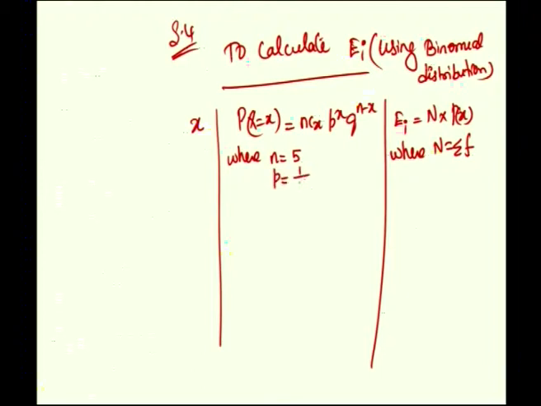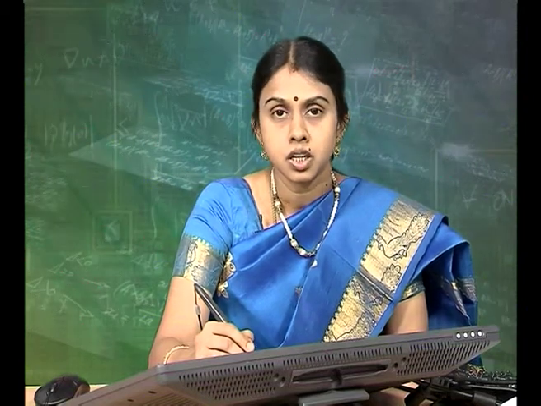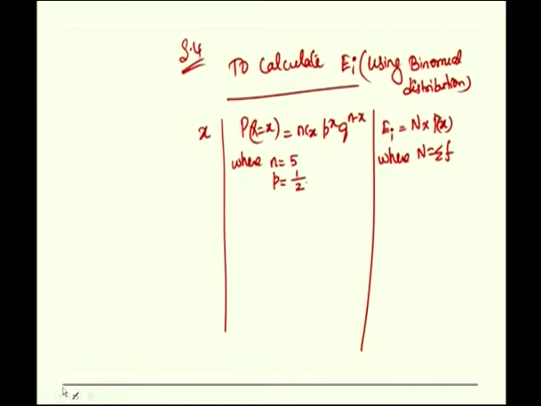P is equal to 1 by 2. If we stick to female birth as success, then P is the proportion of female births in the particular locality. So, P is equal to 1 by 2, and Q is also equal to 1 by 2. So, P of x is equal to 5 C x, 1 by 2 whole power x, 1 by 2 whole power 5 minus x.